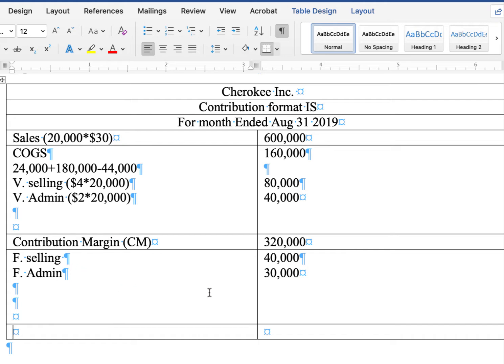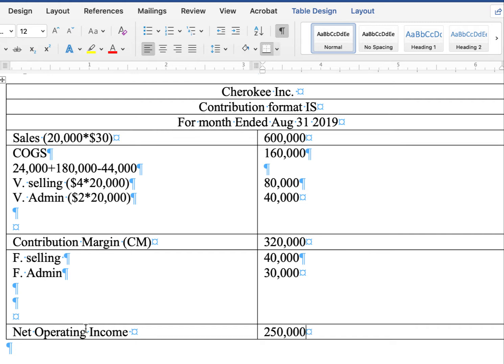So that means fixed expenses in total are just $70,000. So I can now figure out what my net operating income is, and that is $250,000.